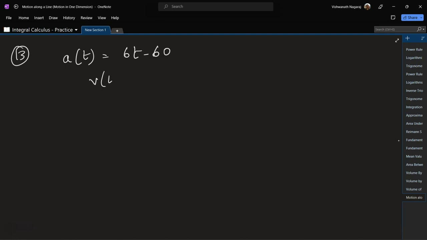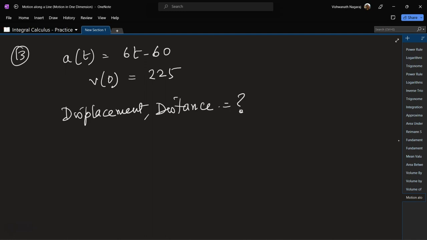We are given that velocity at 0 is equal to 225, and we have to figure out the displacement and the distance in the interval t between 2 and 6, right? So we have to figure out the displacement, figure out the distance.